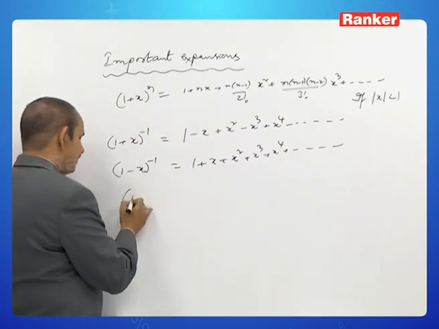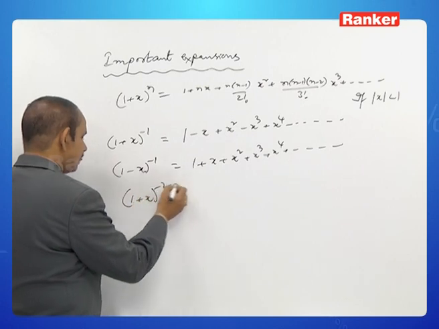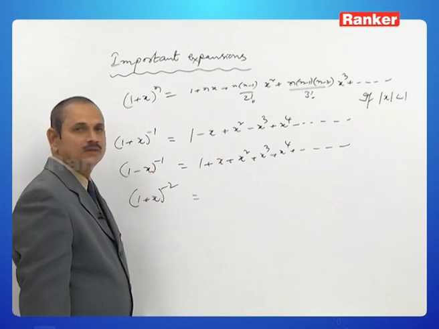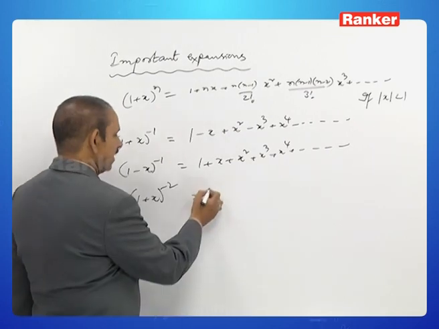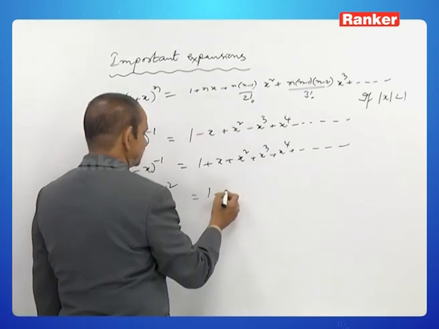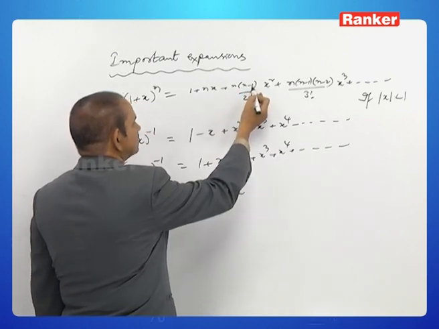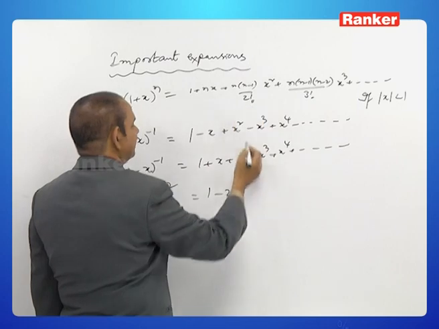Well done. Now let us take minus 2 in the place of n. What happens? 1 minus 2 into x minus 3x, minus 2 into minus 2 minus 1 is 3, 2 will be cancelled.